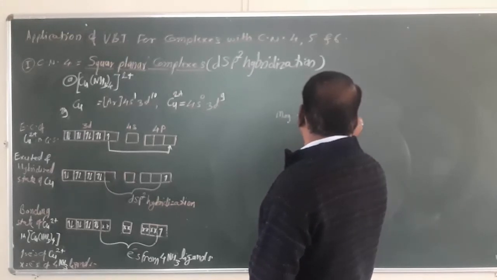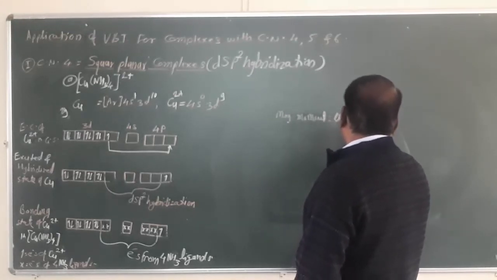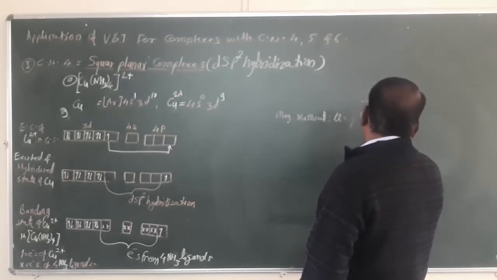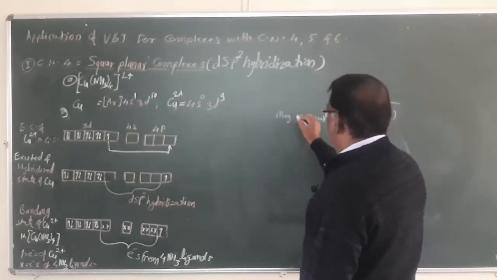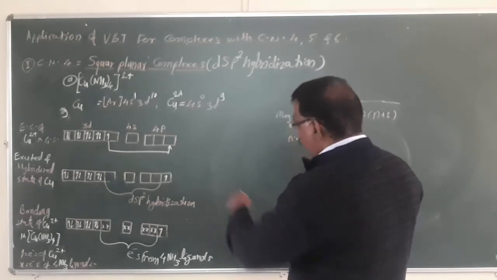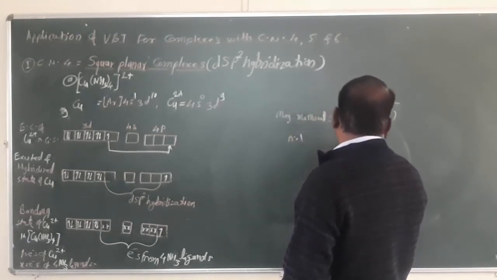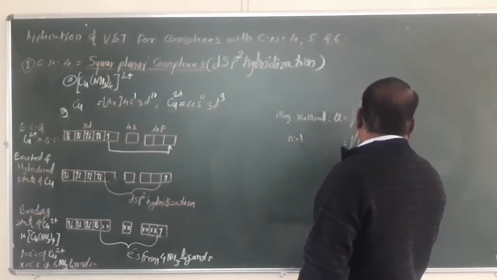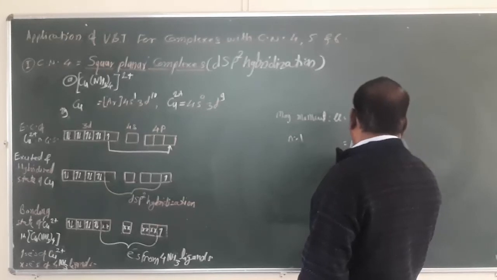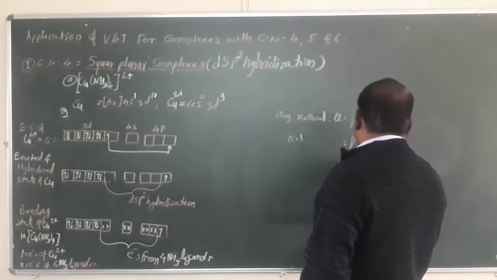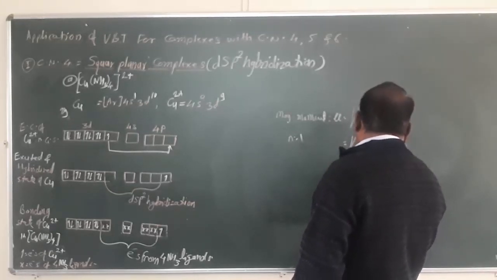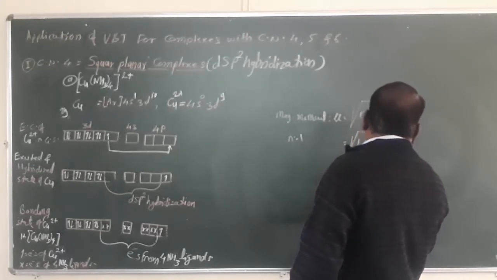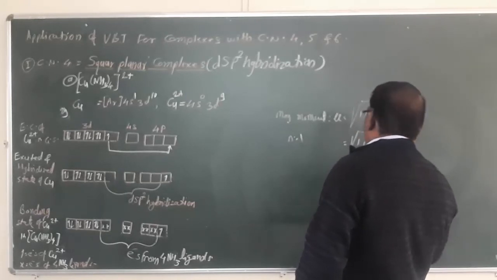magnetic moment mu is equal to the square root of n times (n plus 2). Here n is equal to 1, and so by filling in the values, it is equal to the square root of 1 times 3. So it is equal to 1.73, and the unit for this is the Bohr magneton.